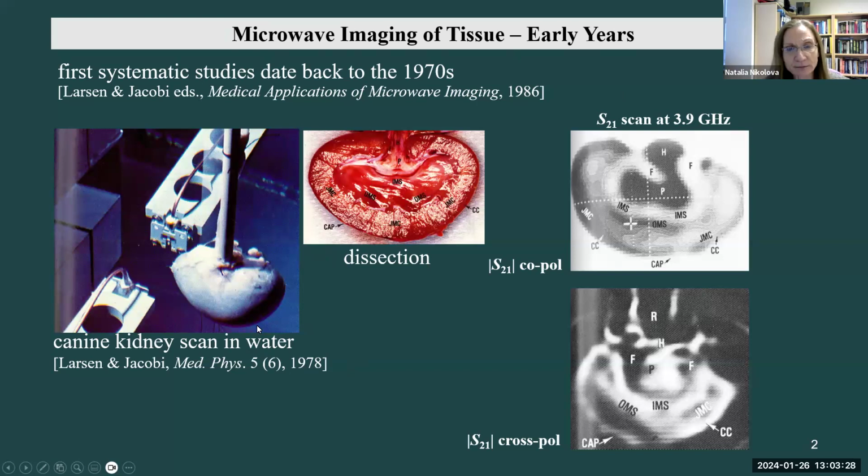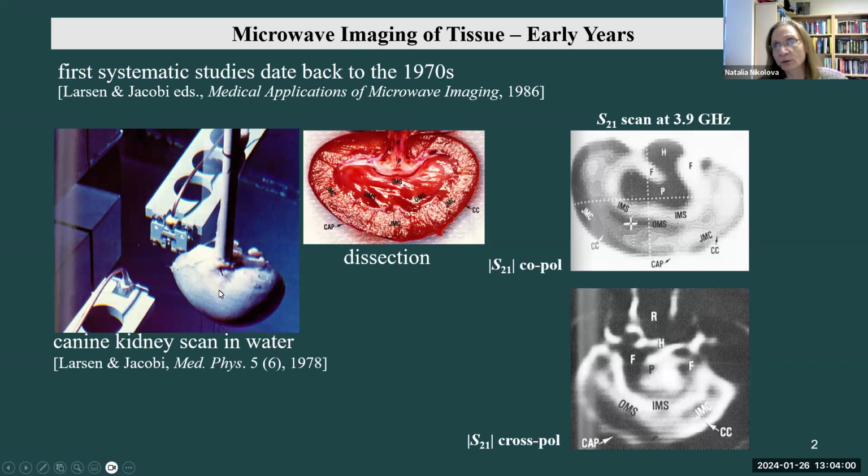They were experimenting mostly with canine kidneys, as is shown here, attached to a wooden dowel in this particular experiment, and scanned laterally, that is in the 2 lateral directions between the 2 antennas, one transmitting, one receiving, everything submerged in water, because it was by that time already clear that the electromagnetic, or if you wish, permittivity properties of the canine kidney were much closer to water than to air.